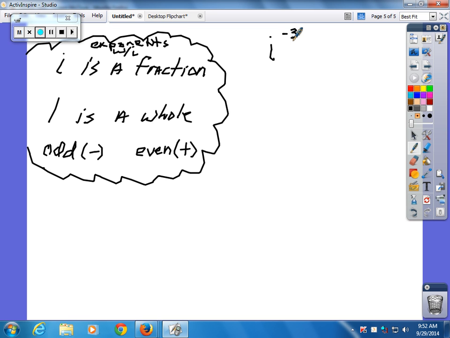Now, the first thing you need to do with i to the negative 3 is change it to a negative number plus a positive number. So that would be i to the negative 4 plus 1. And that would be i to the negative 4 times i to the first.